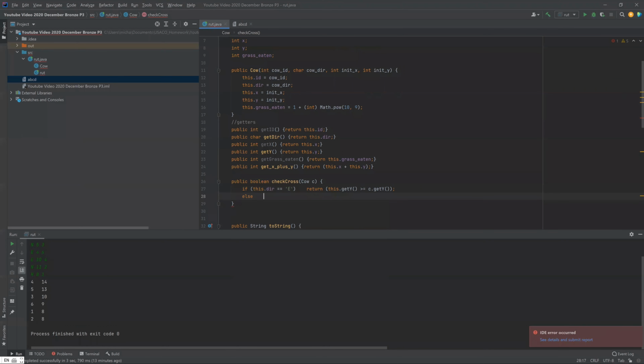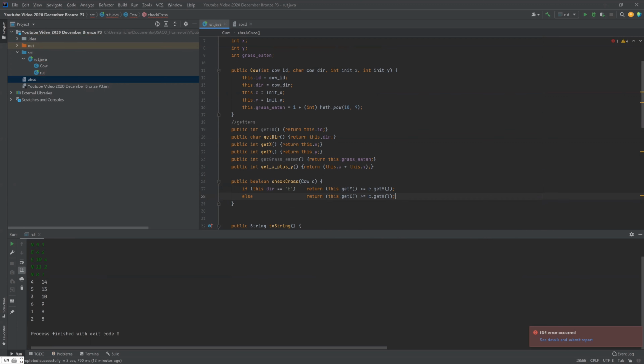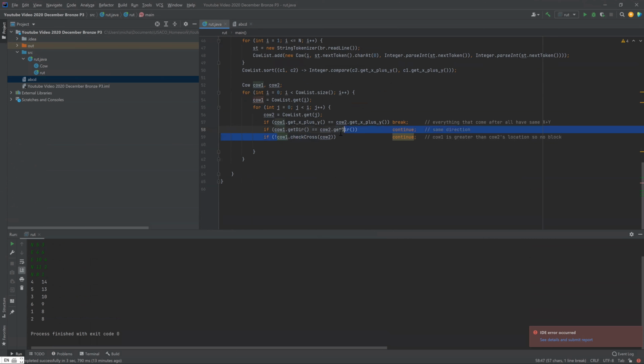And else, which means if I'm going north, and my x position is greater than or equal to their x position, right, then we also have a probability of crossing, right? Else, we will not have a probability of crossing and it will return false. And if we don't have a probability of crossing, then I will continue. I will go check the next cow, right?